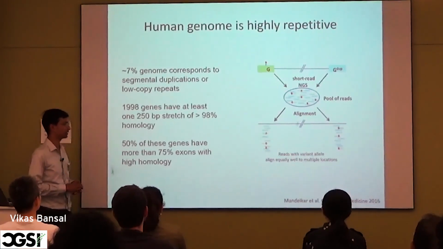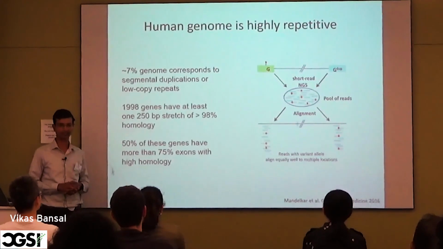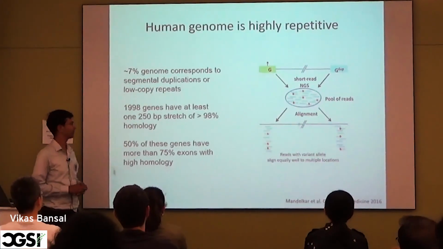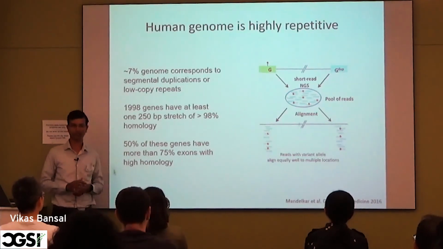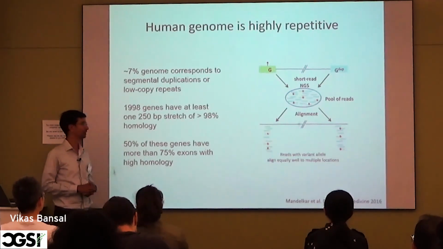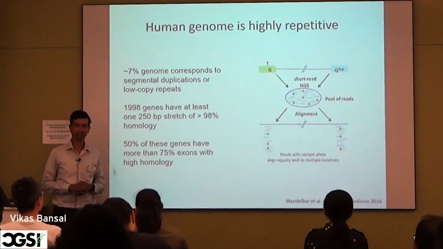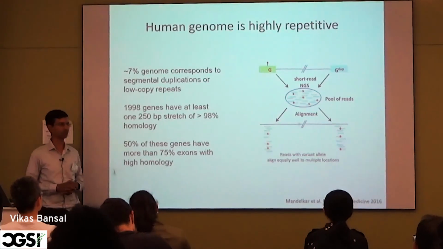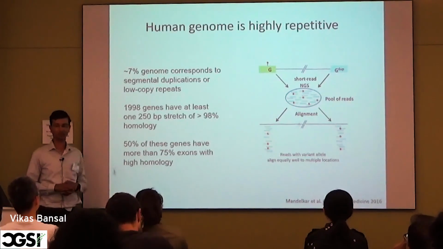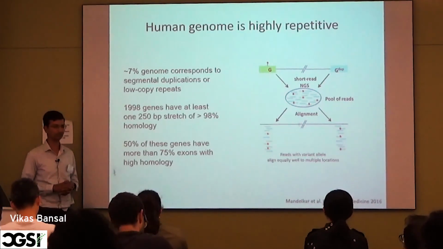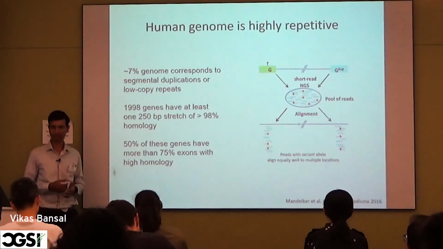In 2016, a group at Harvard did a sequence similarity analysis of the human reference genome. What they found was that almost 2,000 genes, about 10% of the genes in the human genome, have at least one long enough stretch of sequence homology that is problematic for short read sequencing. Among these 2,000 genes, about 50% have more than 75% of their exons with high sequence homology to at least one other region in the genome.